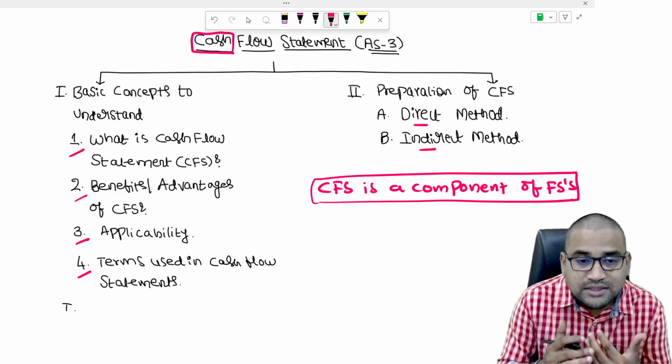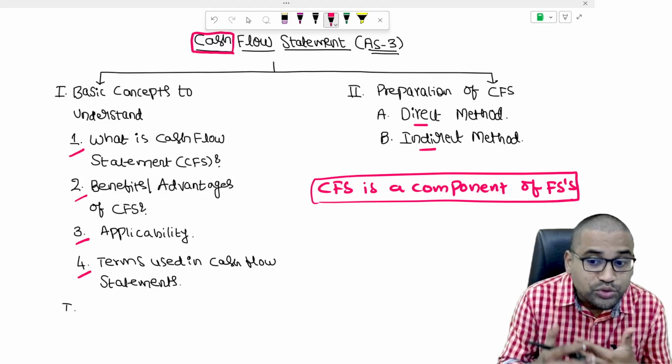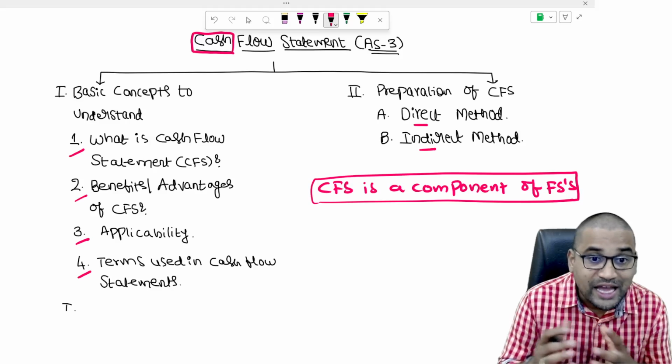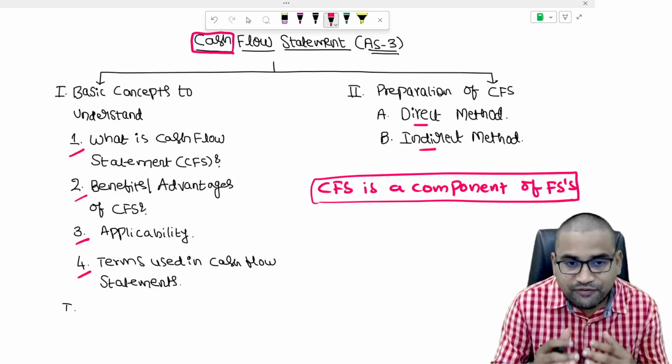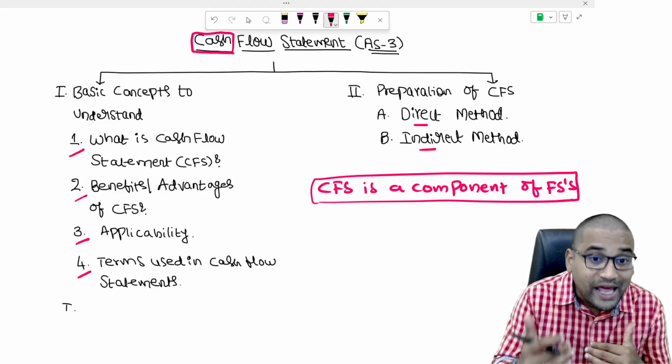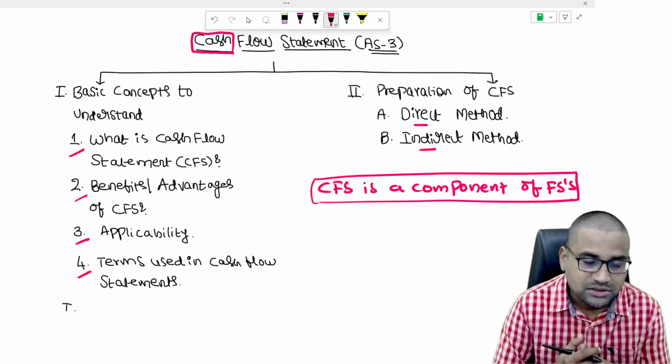All these things, how will you know? How can you take decisions? How can you plan? How can you prepare cash budgets? So, definitely you should have a proper analysis of cash.